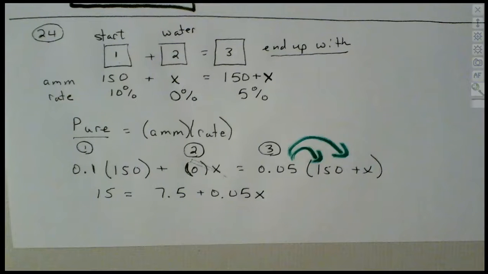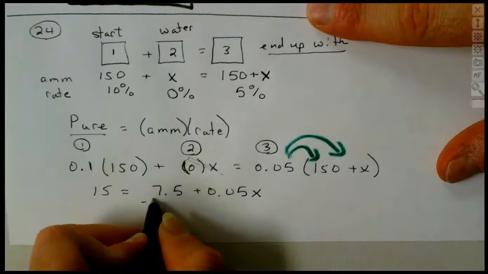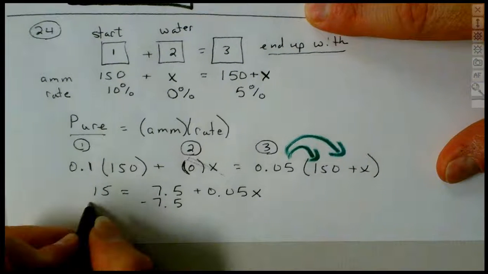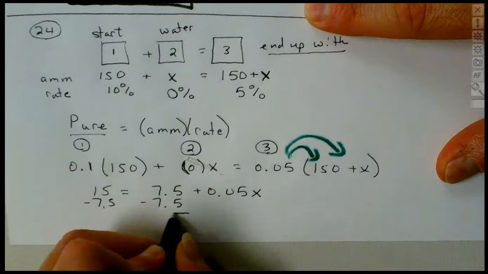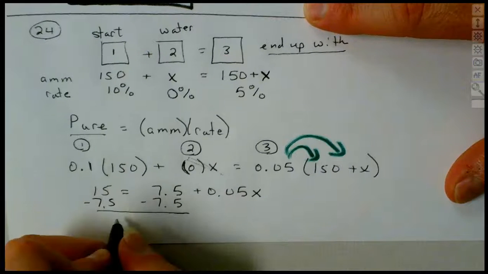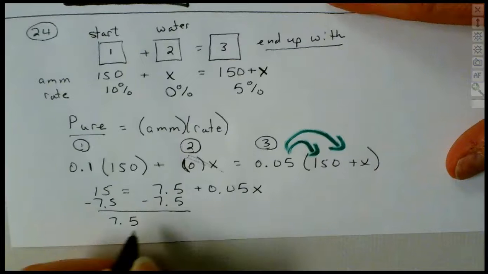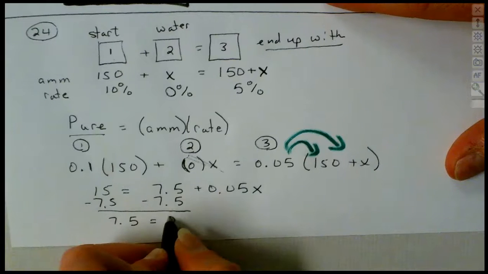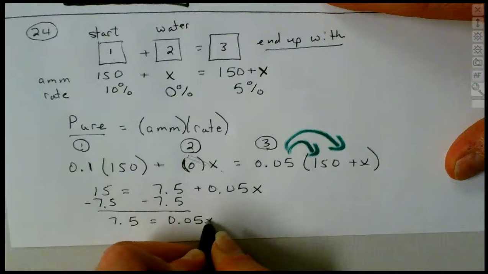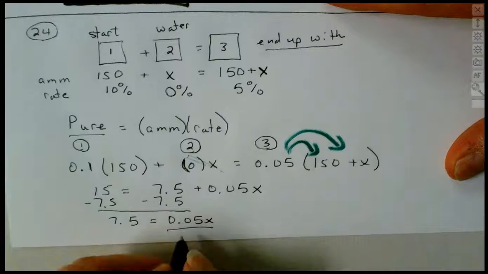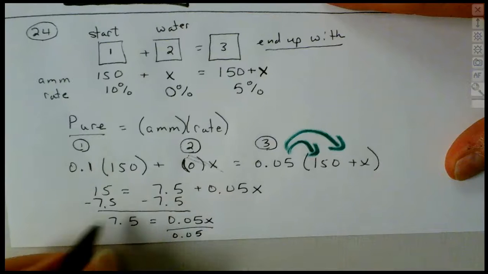Okay. Now we're going to go ahead and solve this. So we're going to subtract off that 7.5 from each side. And that leaves me then with 7.5 equals 0.05x. We're going to divide by our 0.05.